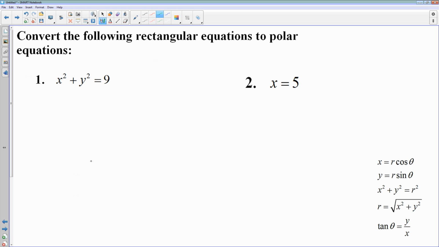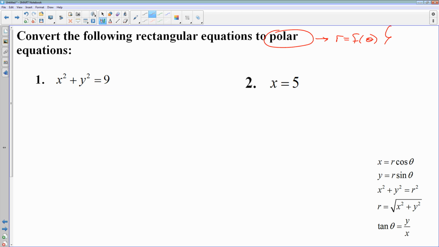And the easier ones are to go from rectangular equations to polar equations, where you have the x and the y, and you want to convert the x and the y to r and theta. Now remember, a polar equation is going to be in the form r equals, and then your equation is in terms of theta.